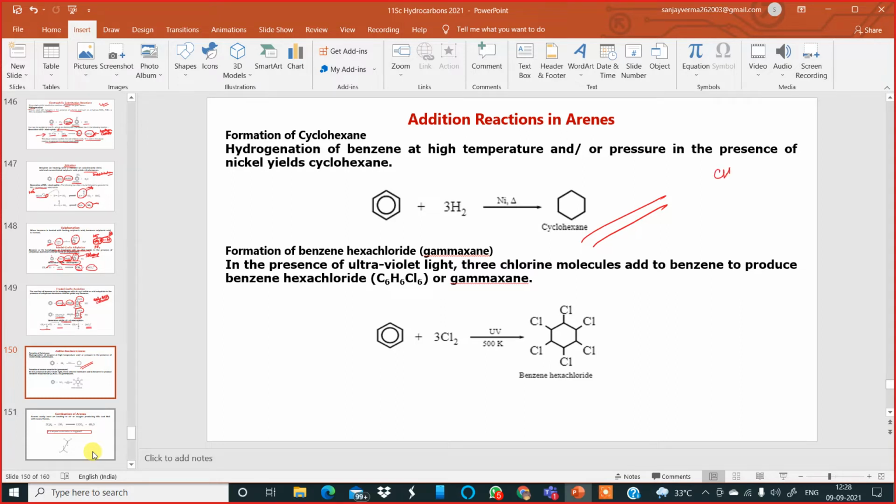All carbon atoms are CH2, CH2, CH2, CH2, CH2, CH2. This is the cyclohexane I'm talking about.